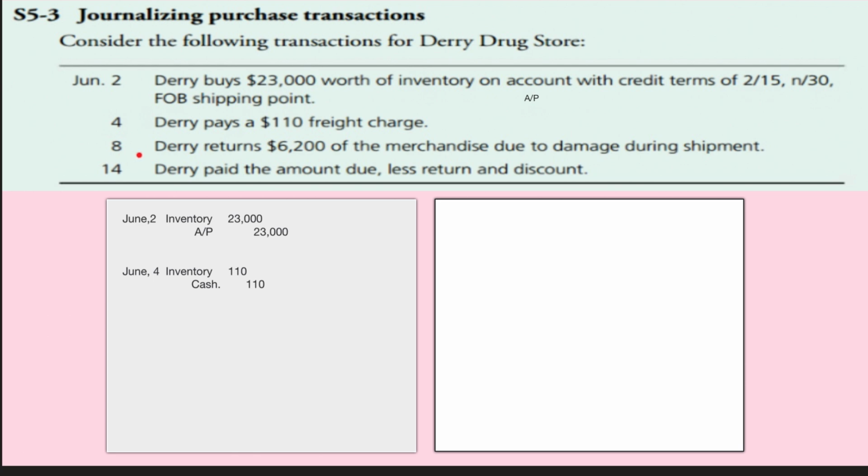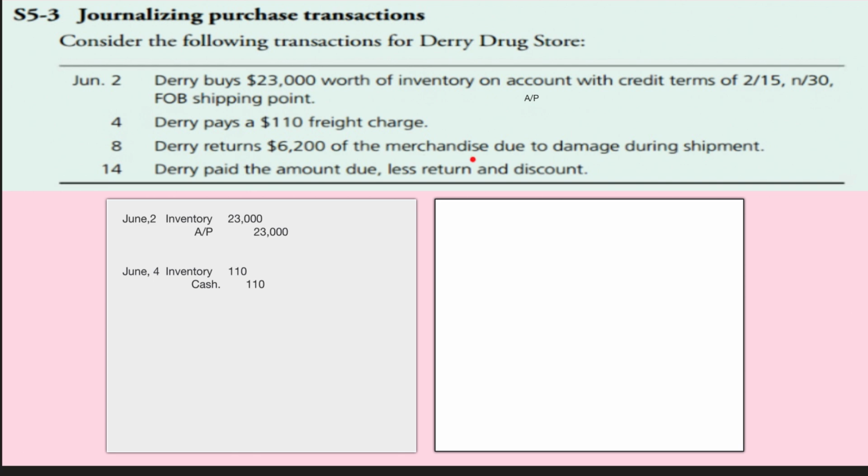On June 8th, Dairy returns 6,200 of the merchandise due to damage during shipment. He returns. Okay, so when I return something, I will switch the purchase entry, the purchase transaction. So I returned what?